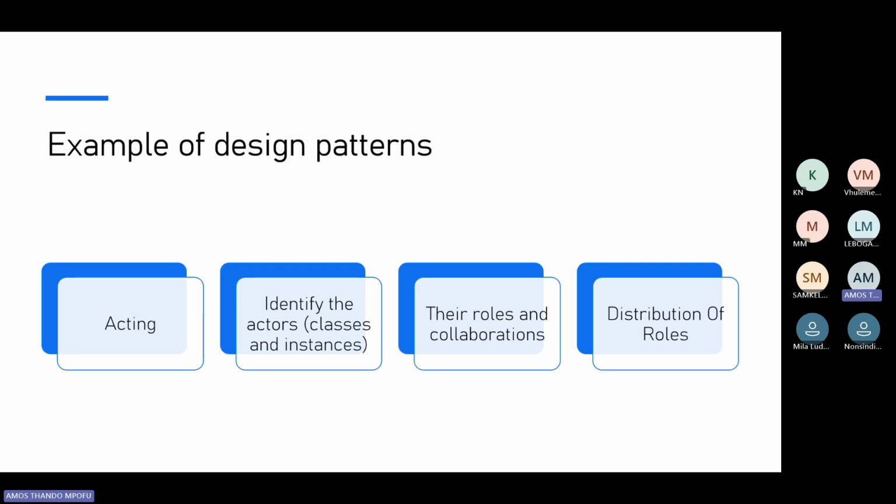Design patterns have a similar approach, whereby you identify the actors, which are your classes, your interfaces, your objects. You identify all of them based on the problem. Then you identify their role. Which role do they play? And their collaborations. Basically, how do they interact with each other?